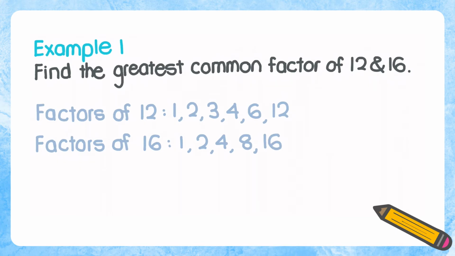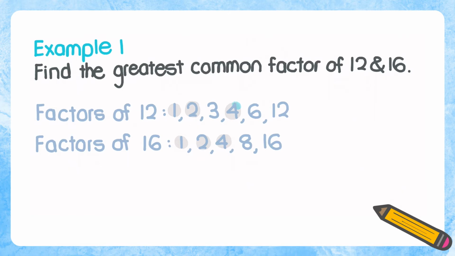Next, we're going to find factors that these two share in common. So 1, 2, and also 4 are all common factors of 12 and 16. But the largest common factor is 4.